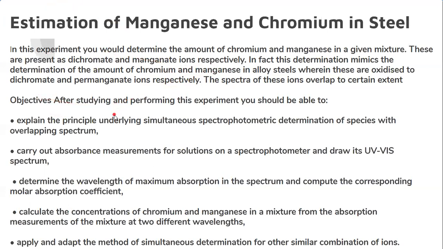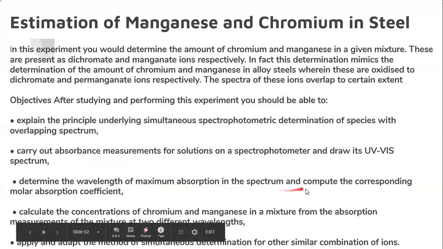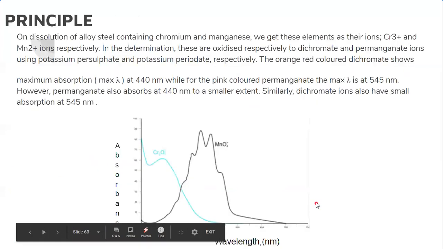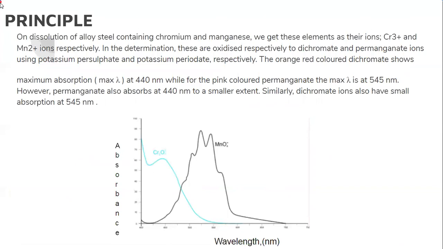So the objective. What steps are involved here? First explain the principle, carry out the absorbance measurement, determine the wavelength of maximum absorption, and calculate the concentration. And next, this is the principle, how we do this experiment. As I told you, first we need to dissolve the steel containing chromium and manganese in nitric acid.